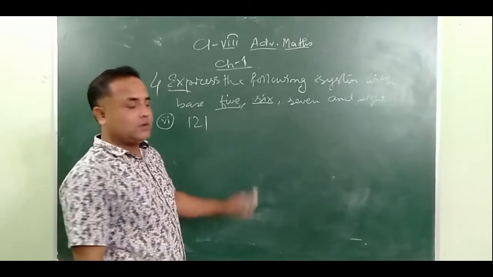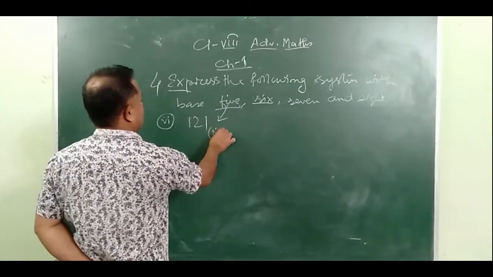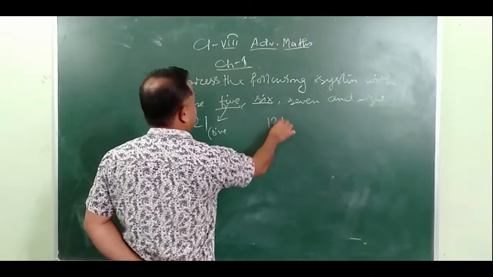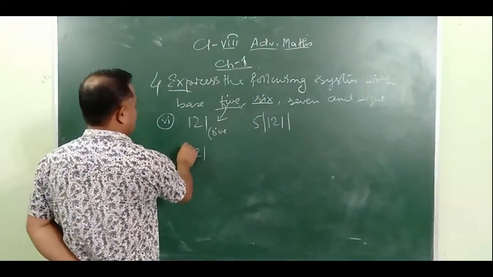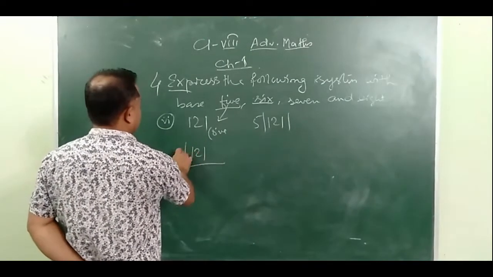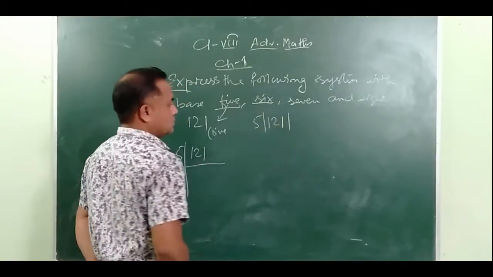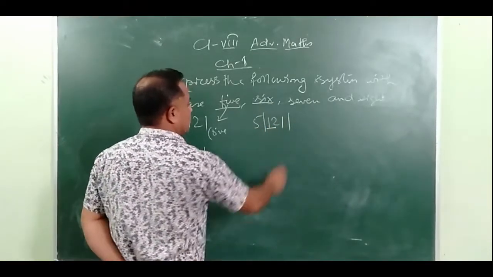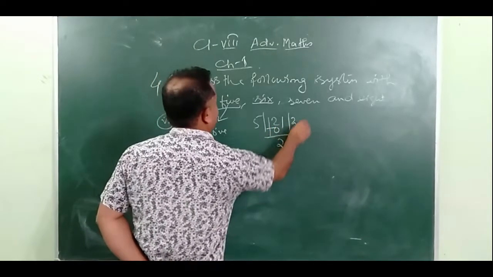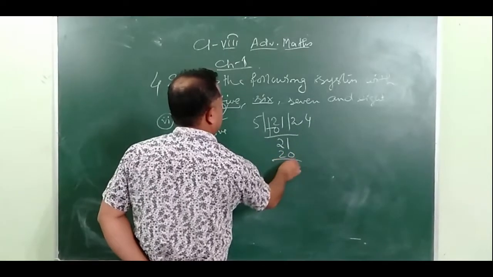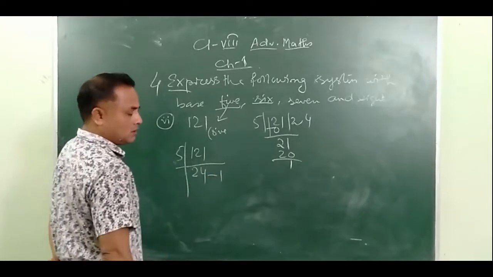Now this one we will check with base 5. 121, we will see with base 5. How many times does 5 go? 5 2s are 10, 5 4s are 20, remainder is 1. So 24 times it goes, and the remainder is 1.